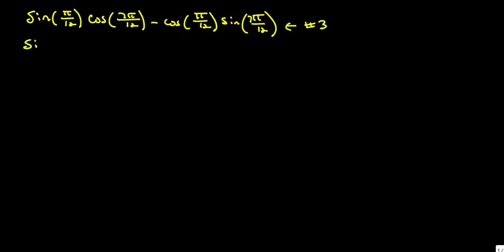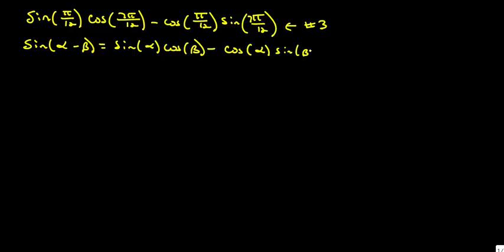So we have sine of alpha minus beta is equal to the sine of alpha cosine beta minus cosine alpha sine beta.